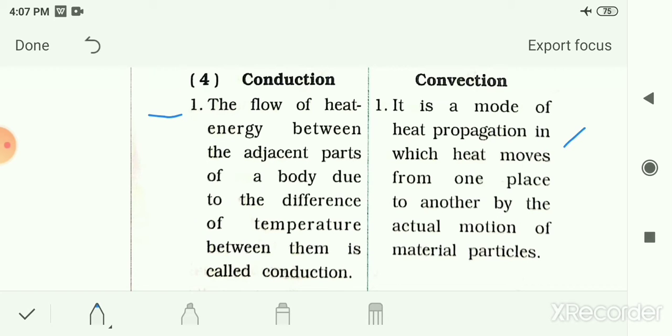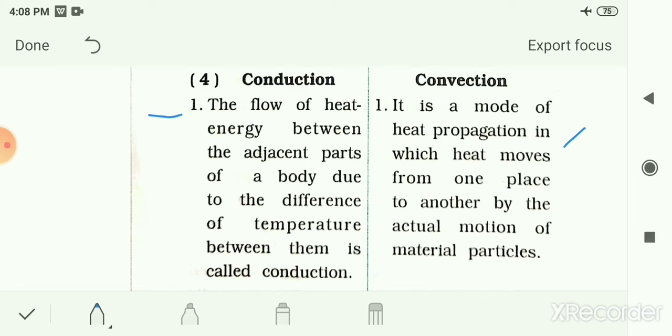And convection is the mode of heat propagation, or spreading of heat, in which heat moves from one place to another place by the actual motion of material particles. In this, the heat transfer takes place by the motion or movement of the particles of the material.